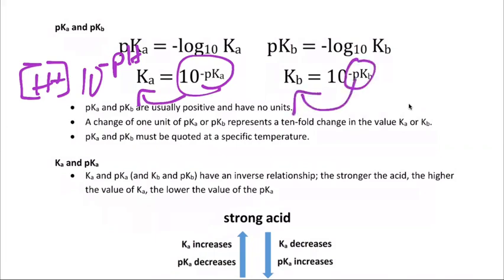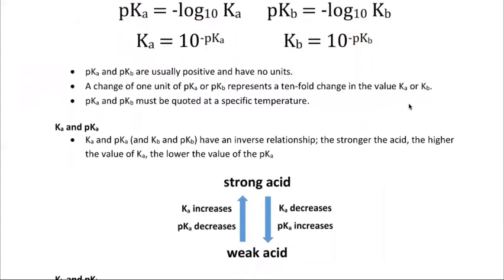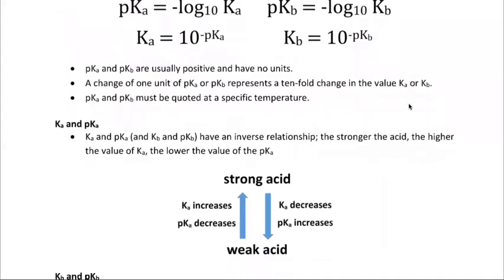So the relationship is the same. It's just that this is for weak acids and bases, because we can't use the hydrogen ion concentration since they don't fully dissociate. pKa and pKb are usually positive. They don't have units, just like pH does not have units. And just like the pH scale, if you change your pKa or pKb by 1 unit, it's a 10-fold change in the value of your constant.